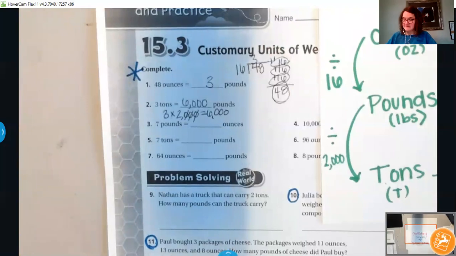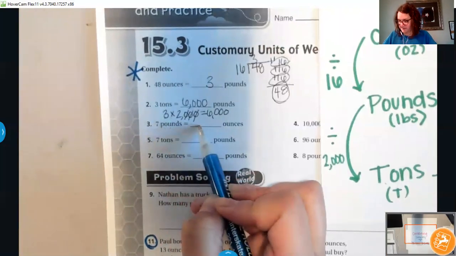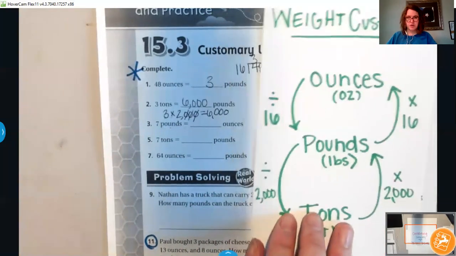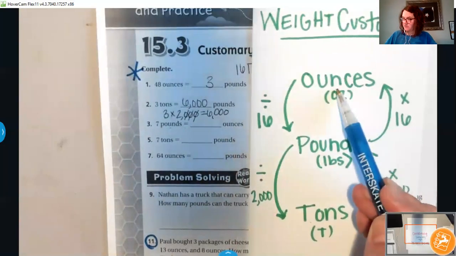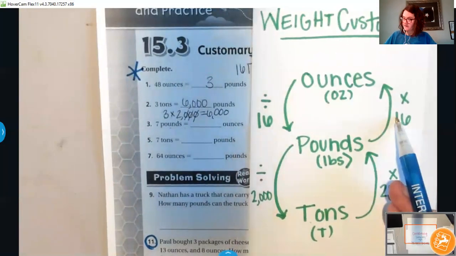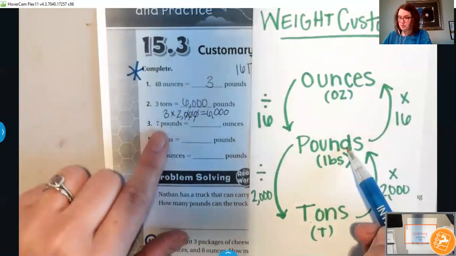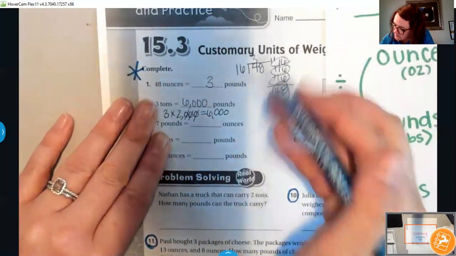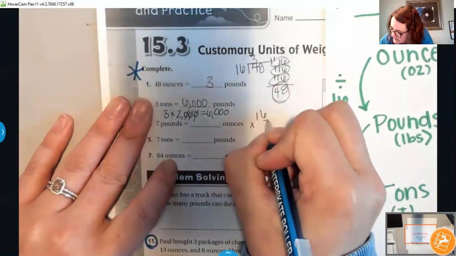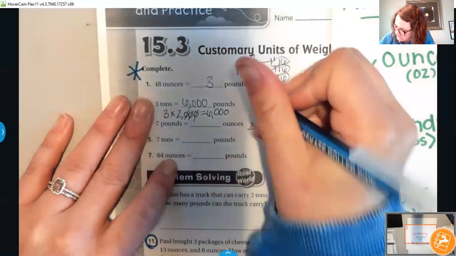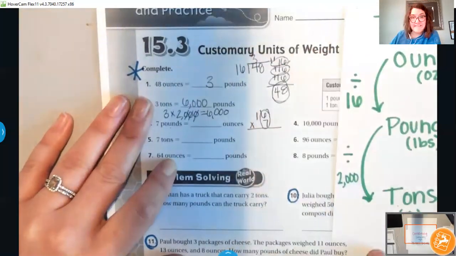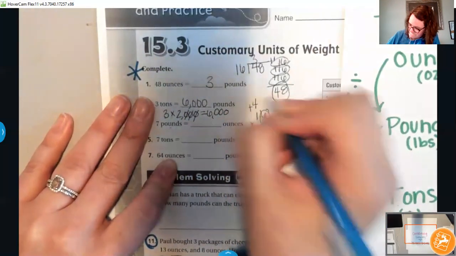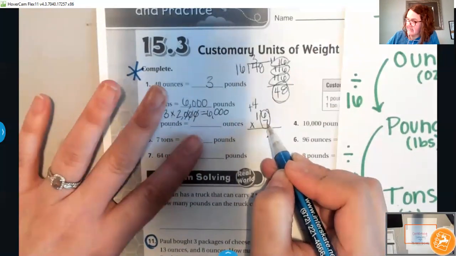Next, we're going 7 pounds to how many ounces? Once again, we find which one we're converting to. So we're going pounds to ounces, so we're multiplying by 16. We're taking 7 pounds and multiplying it by 16. 16 times 7. 6 times 7 is 42... 7, 8, 9, 10, 11.